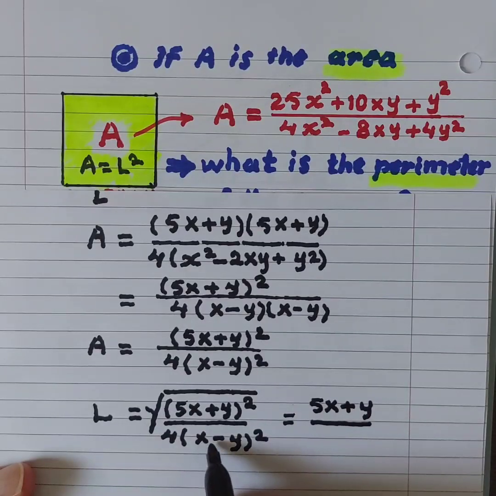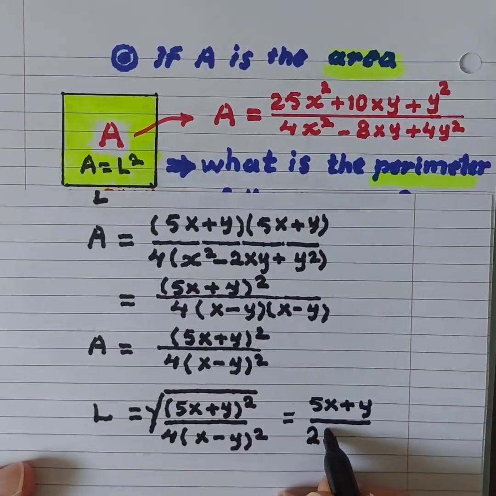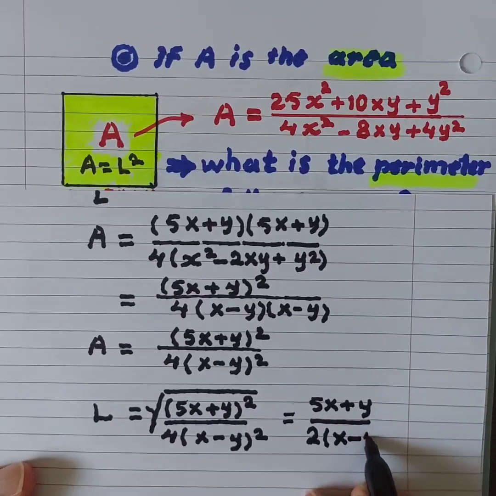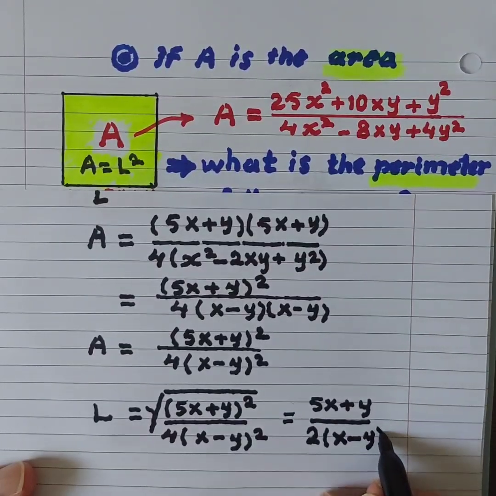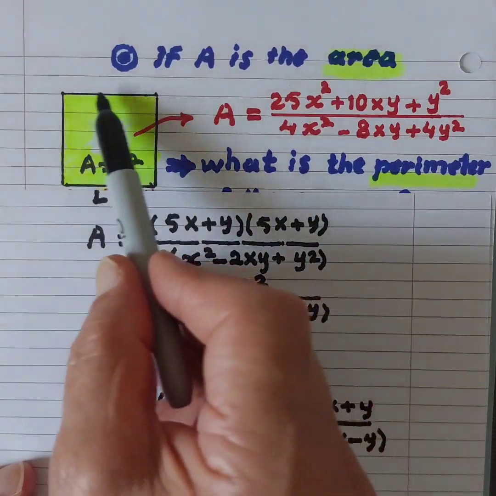So we get x minus y, and the square root of 4 is 2. So we get 2 times x minus y. So this is the length of any side of the square.